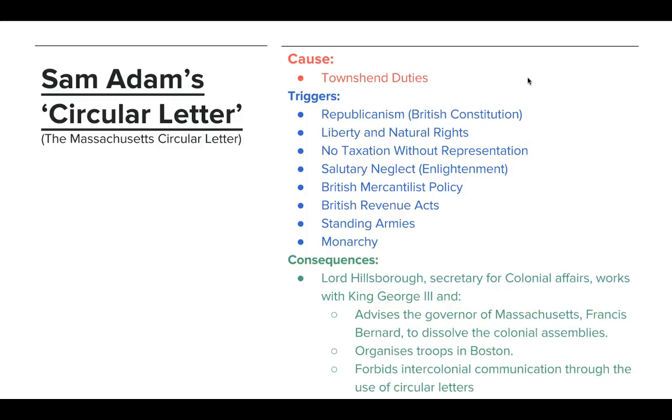If they don't have that, then they don't really have any way to act in salutary neglect in the way that they used to. They don't really have any way for them to unite politically against the empire. And so these are three massive consequences of this circular letter.